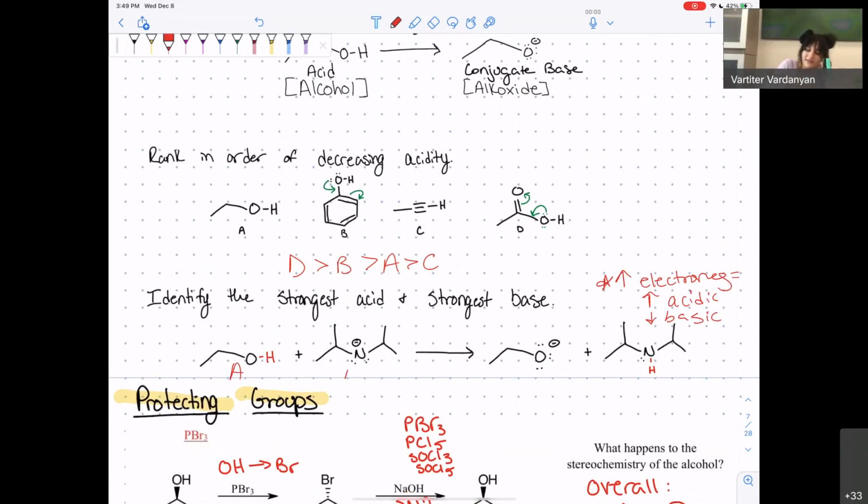So we have acid, base, conjugate acid. This is the strong acid and the strong base. Ta-da. We're done with physical properties. Any questions?